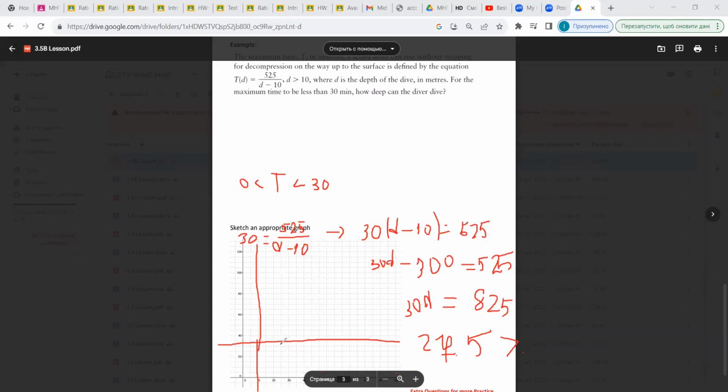So as soon as depth is 27.5, somewhere here, this is where the graph would cross this upper border. So starting from here, graph would look something like this. Is that clear, guys? Please make sure to copy this into your copybooks.